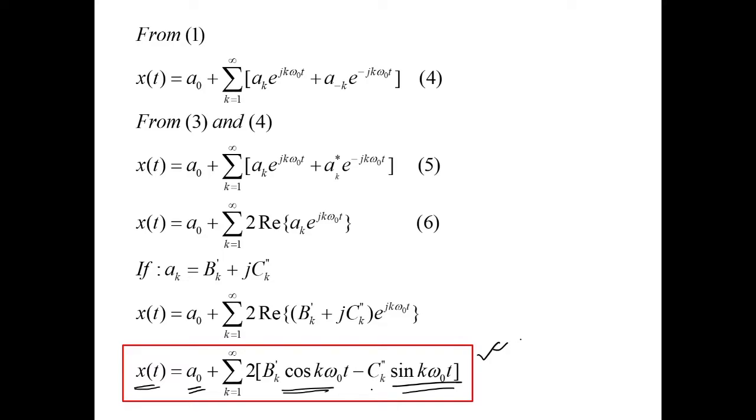So from here we can see that we will have a DC component, and apart from that we will have complex sinusoids, which will be representing our periodic signal. Okay, so this is the gist of the Fourier series. Fourier series means any periodic signal can be represented with a series of sinusoids.